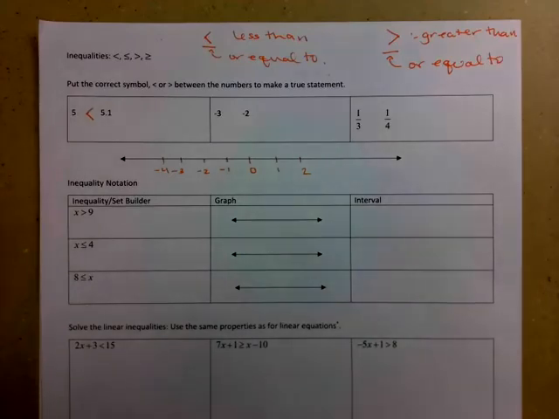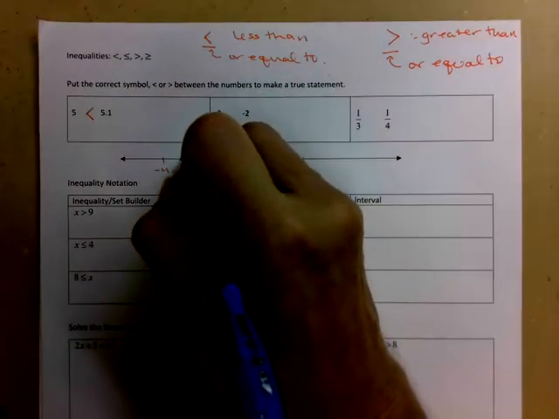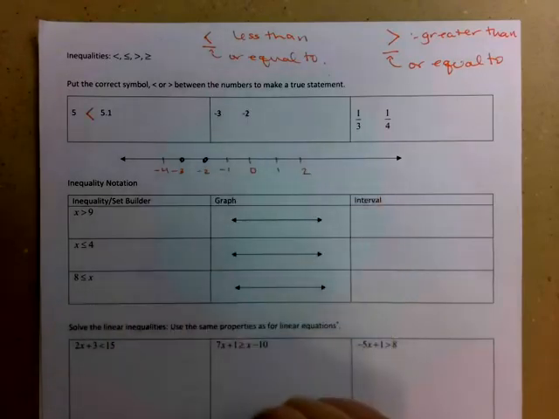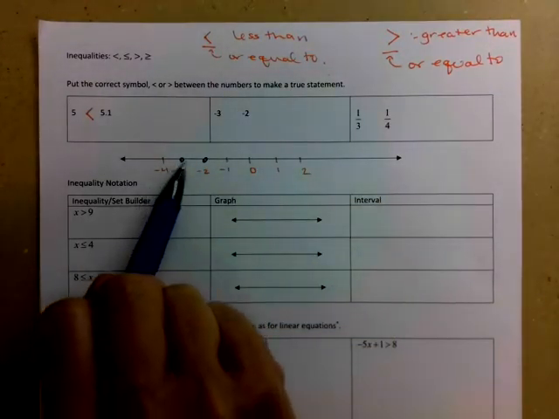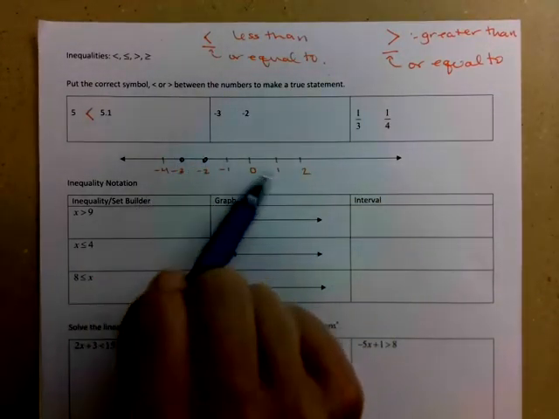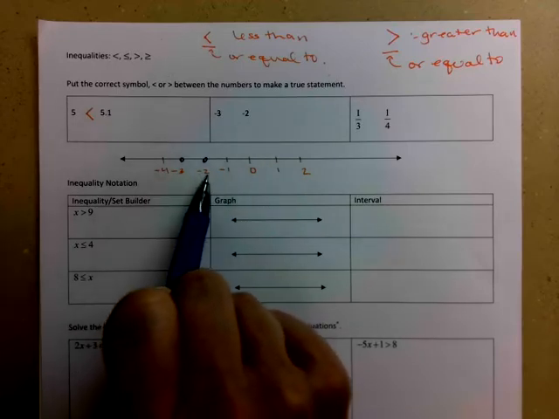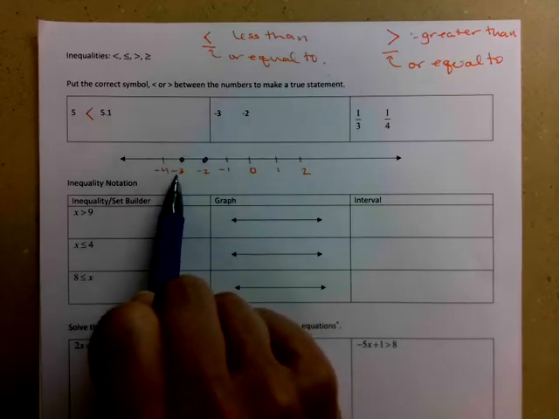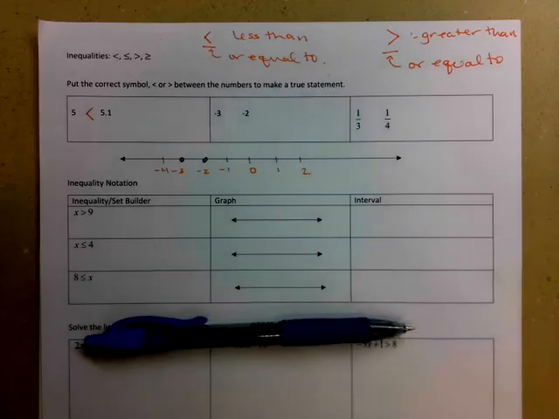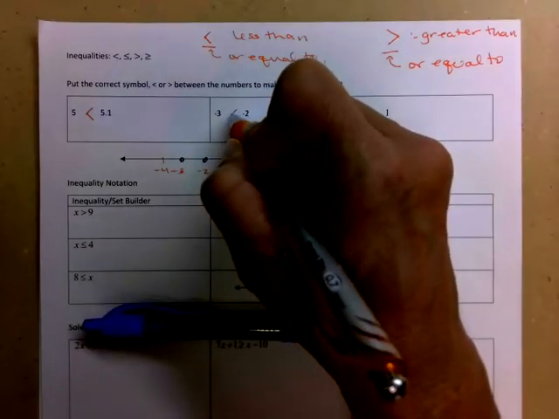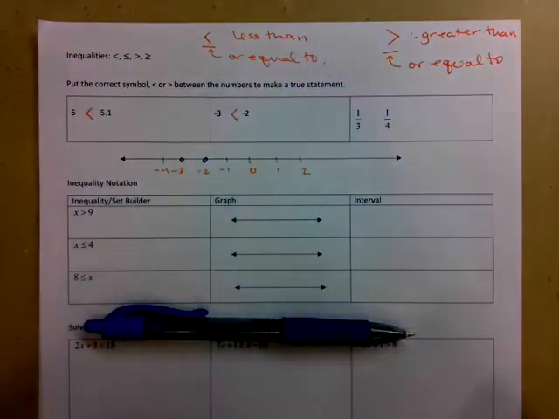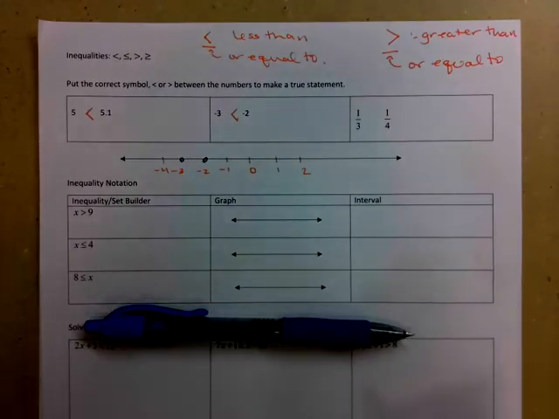Now if we look at -3, it is right here. -2 is right here. So the numbers to the right are the bigger ones. So -2 is bigger than -3. So it is greater than -3. So I'm going to open towards the greater number, the bigger number.